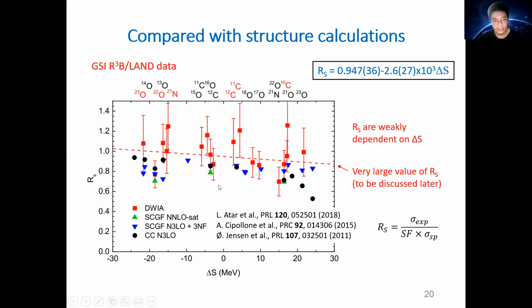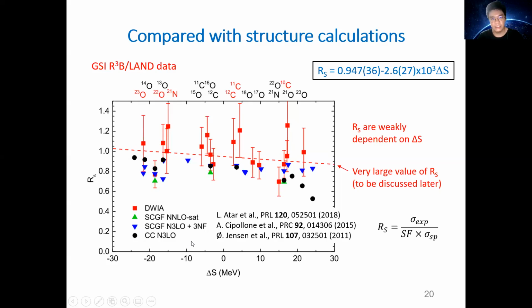So they found a quenching of around 0.7, 0.6, but this one has nearly no quenching at all. In the later part of my talk, I will try to analyze and answer why this magnitude is too large.